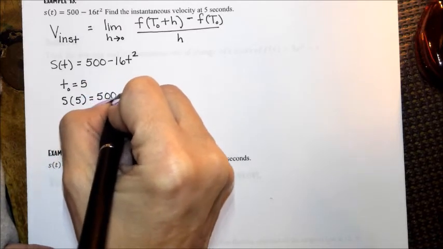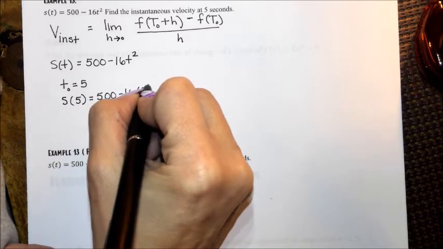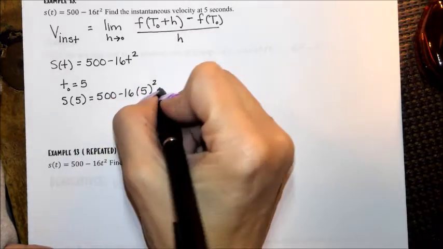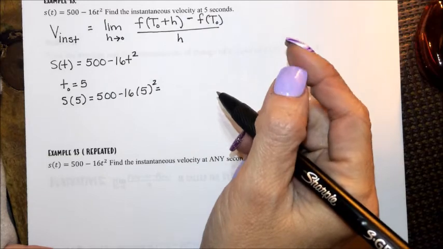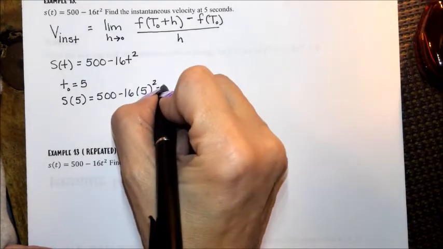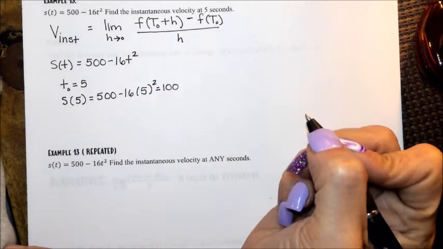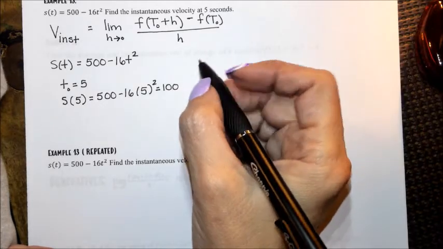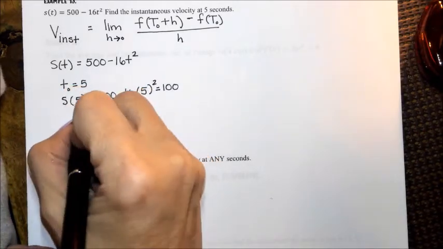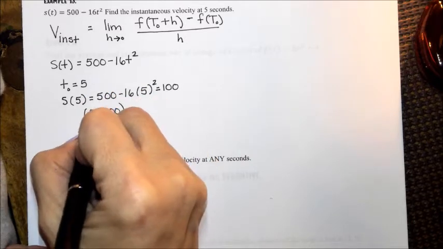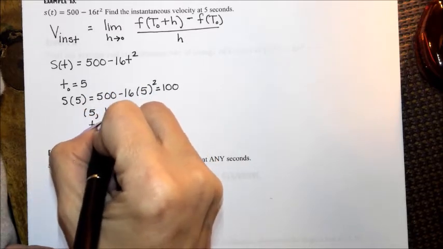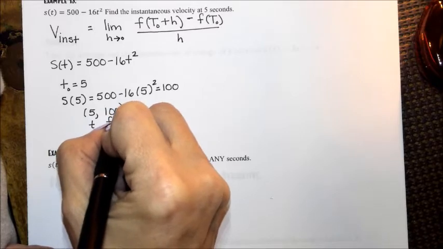That's 500 minus 16 times 5 squared. If I plug that into my calculator, I worked this earlier, and what I got, and I'm hoping it's the same as what you got, is 100. So that means I've got 5, 100. And that is t naught and f of t naught.